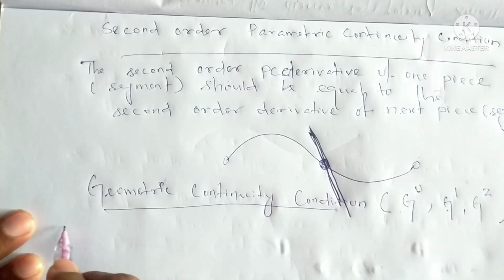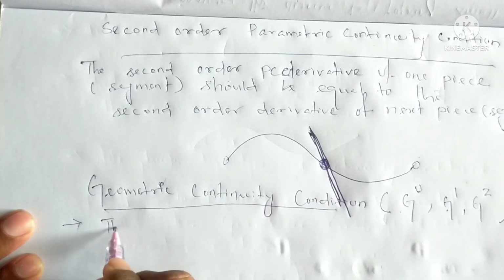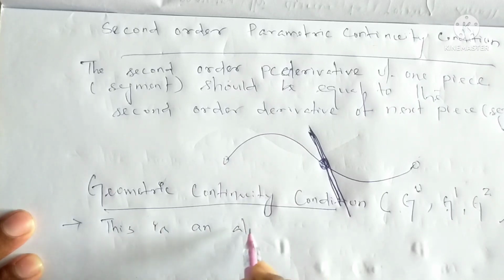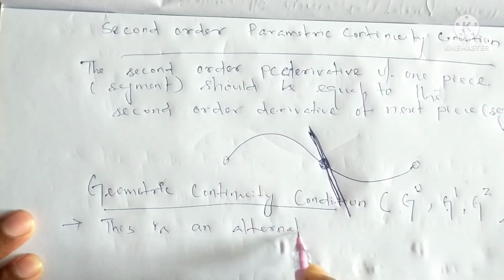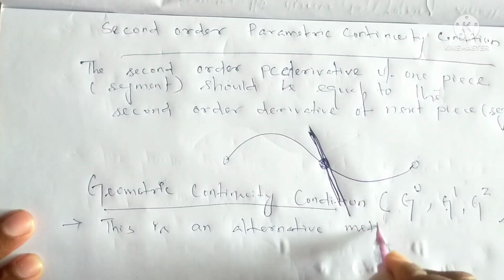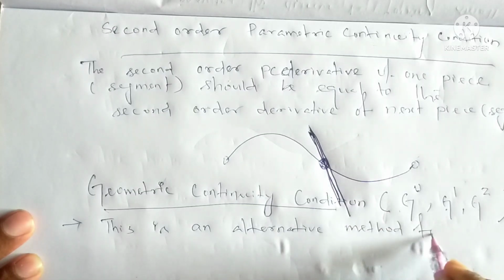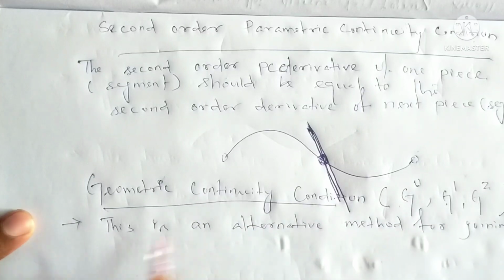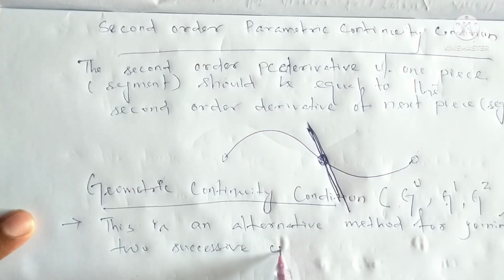So it is an alternative method for joining two successive curve sections.